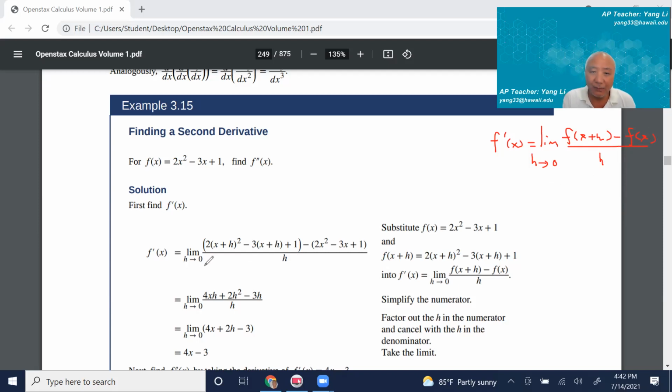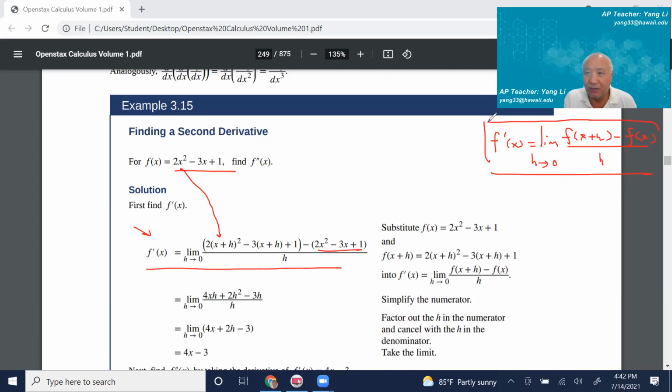Now apply this here. This is 2x squared, so x squared will be substituted by x plus h. So that's 2(x plus h) squared, minus 3(x plus h) plus 1, minus f(x), just this one put here, over h. So this is a direct application of the definition of the derivative.